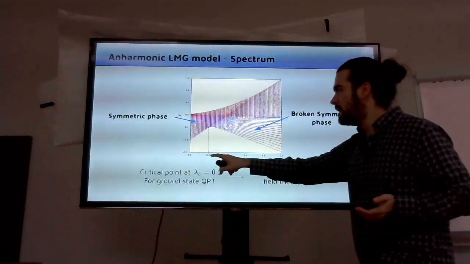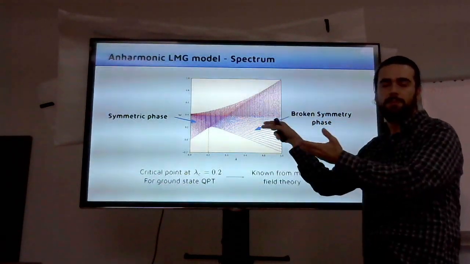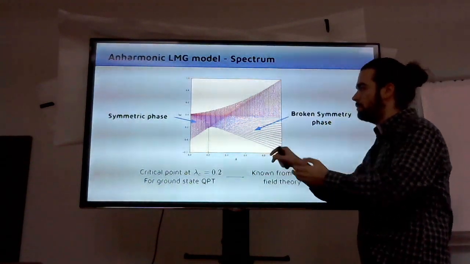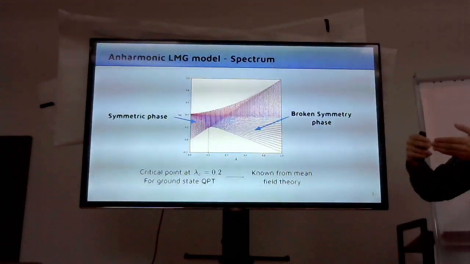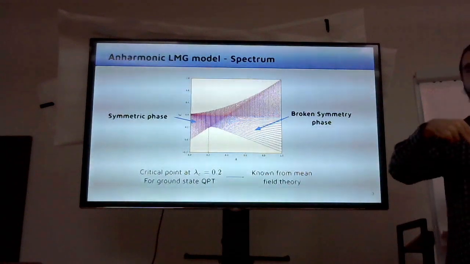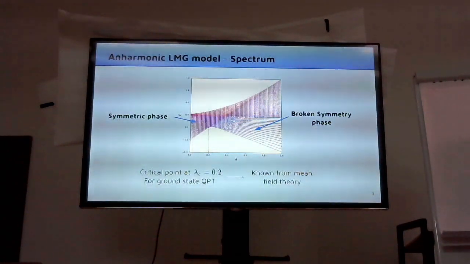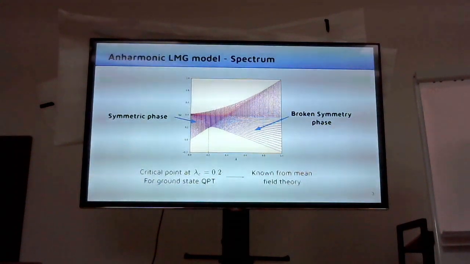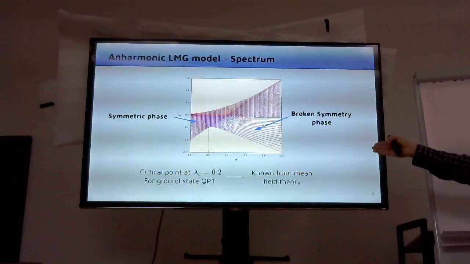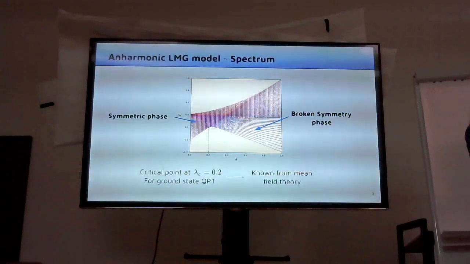If you zoom in, you can see that effectively the ground state and the first excited state energies become degenerate at the critical point. The larger the N, the closer it happens to 0.2. So 0.2 is the solution in the limit.